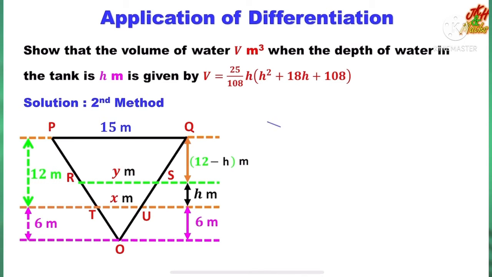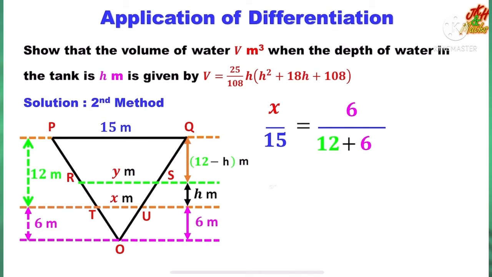Based on the rules of similar triangles, let us find the corresponding ratio. Corresponding sides will always be in proportion, where x to 15 is equal to 6 to the total height of the total pyramid, which is given by 12 plus 6.